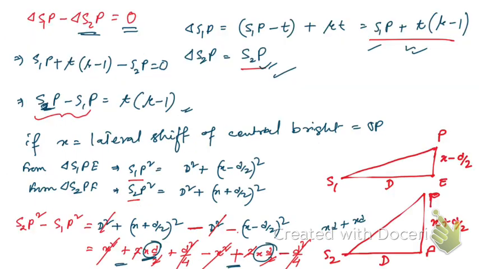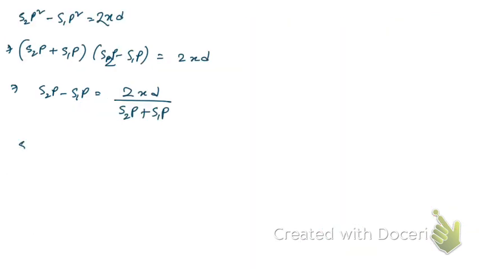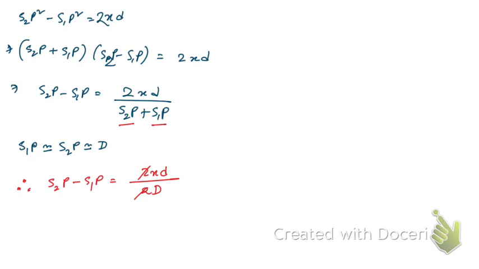So that's why we can approximate S1P and S2P as approximately equal to D. If that is the case, then we can write this plus this is equal to twice D, right? Therefore S2P minus S1P is equal to twice xd by twice D, here 2 cancels, so we have got x small d by capital D.